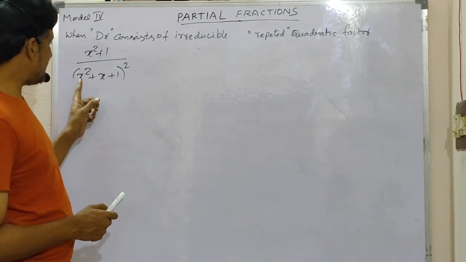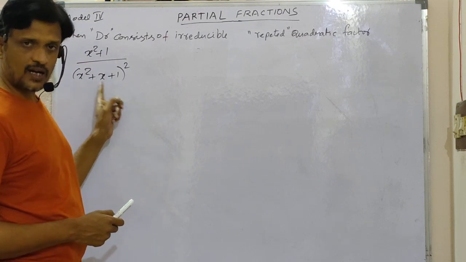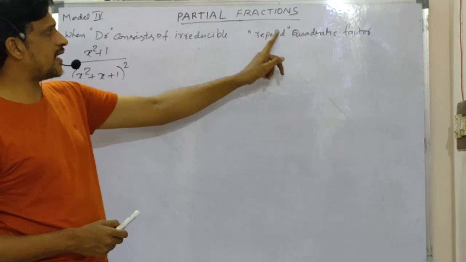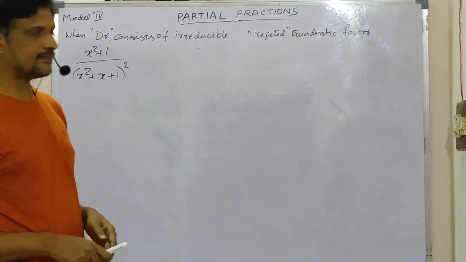Here the denominator is x square plus x plus 1 quadratic factor whole square, that is repeated. So irreducible and repeated quadratic factor is given.